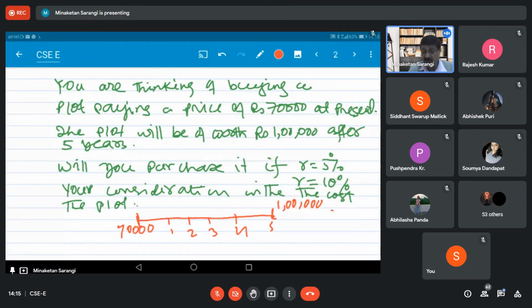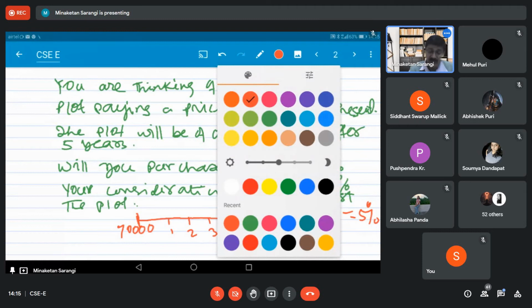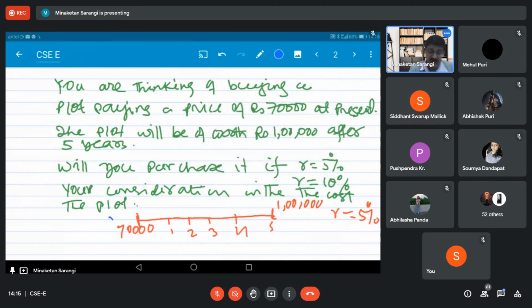And you have been given the rate of interest is 5%. Assume first. Now, your consideration is the cost of the plot. So you cannot compare the 70,000 with the 1 lakh. The 70,000 and this 1 lakh are not the same. What will you do?